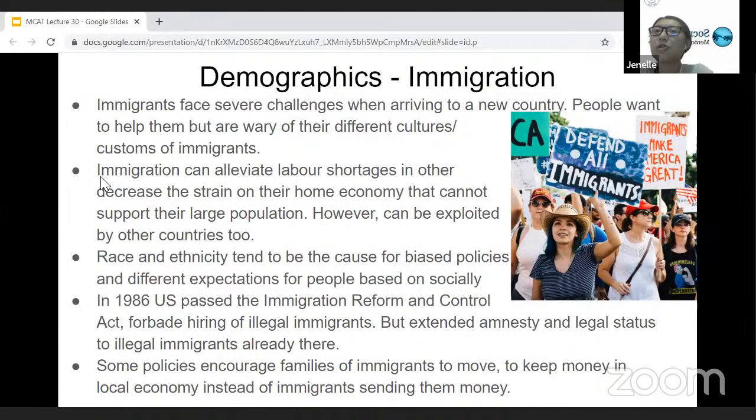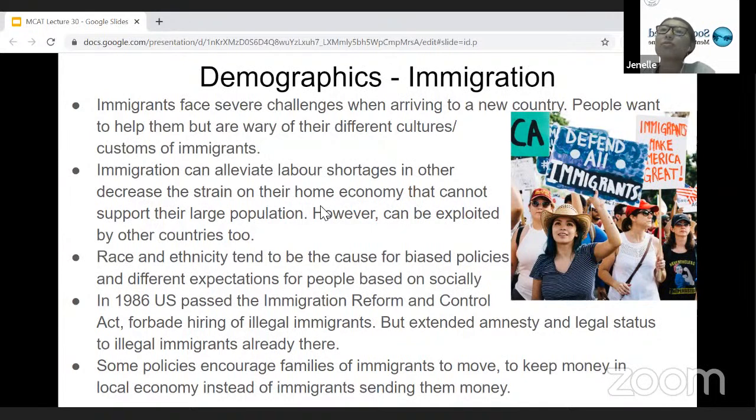One of the reasons for immigration is that it can alleviate labor shortages in other countries, but at the same time it can also decrease the strain on the home economy that cannot quite support the large population. So it's a benefit for both the other country and their home country.